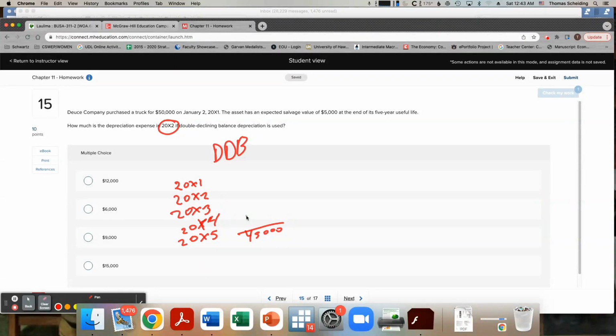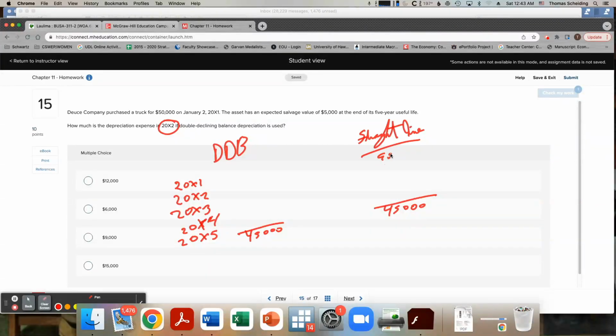Okay. Again, doing the math here in my head. If we were doing the straight line method and we wanted to end up at 45, this is pretty easy, right?